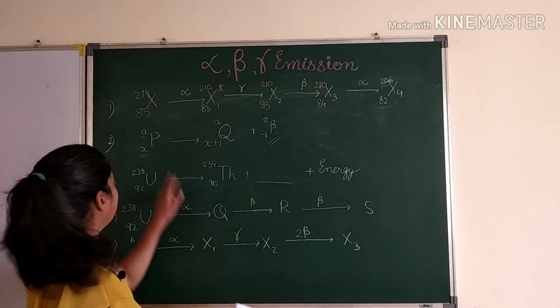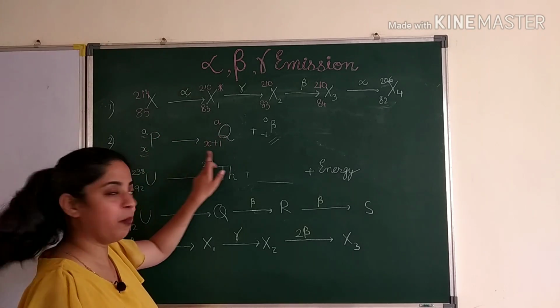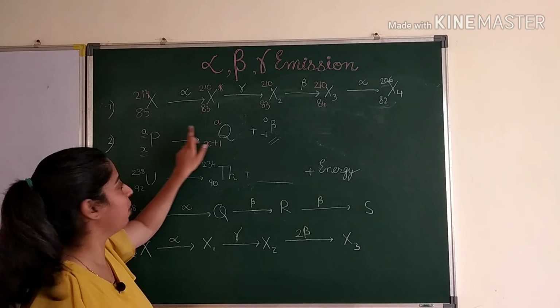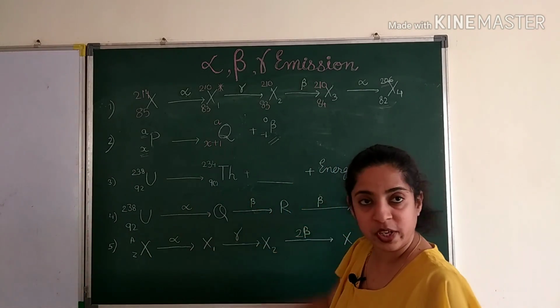Did you get it? In beta particle emission, the atomic number is increased by 1 and the mass number remains same. Now let's have a look at the next question.